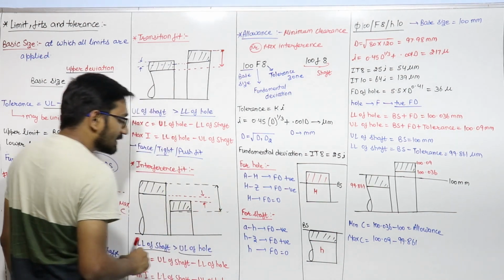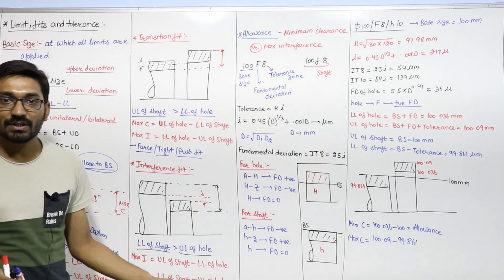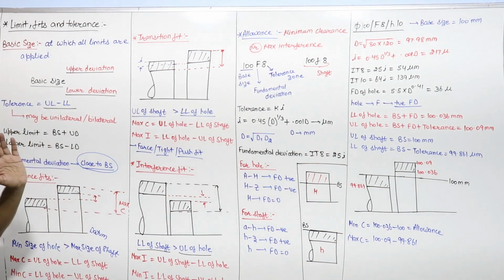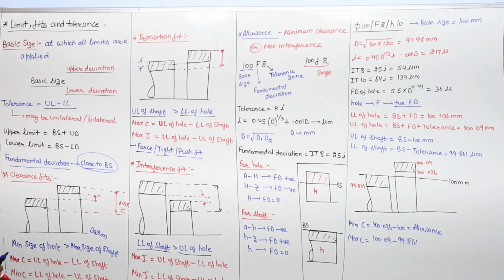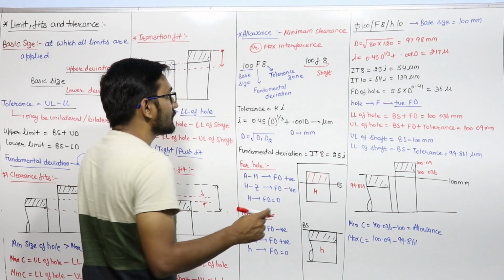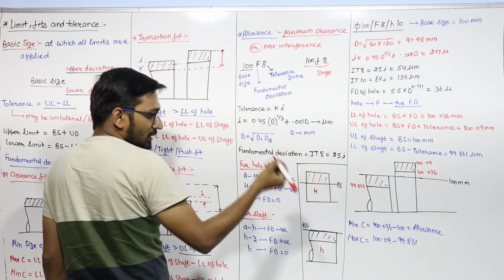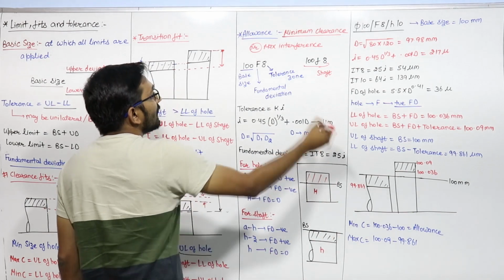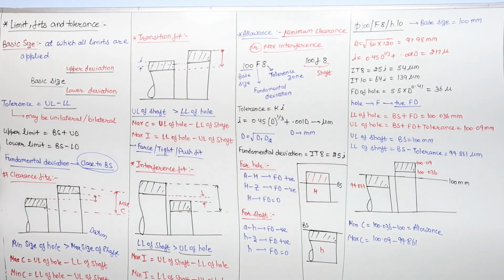So this is the interference fit. So these are the three types of fit: clearance, transition, and interference fit. There is a term known as allowance. The allowance is the minimum clearance in the shaft hole assembly or maximum interference, that is known as allowance.